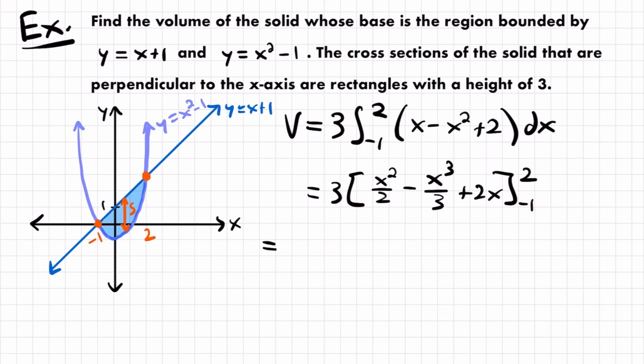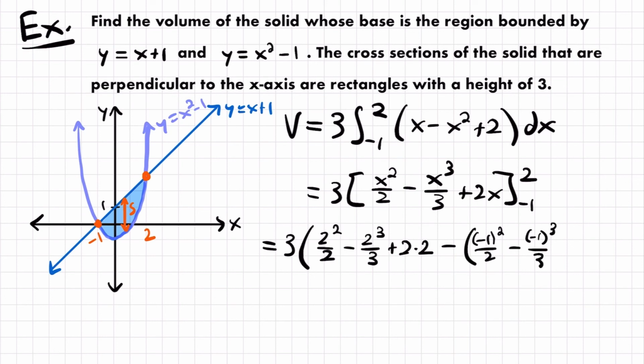And so this will be equal to 3 times 2 squared divided by 2 minus 2 cubed divided by 3 plus 2 times 2, minus negative 1 squared divided by 2 minus negative 1 cubed divided by 3 plus 2 times negative 1.